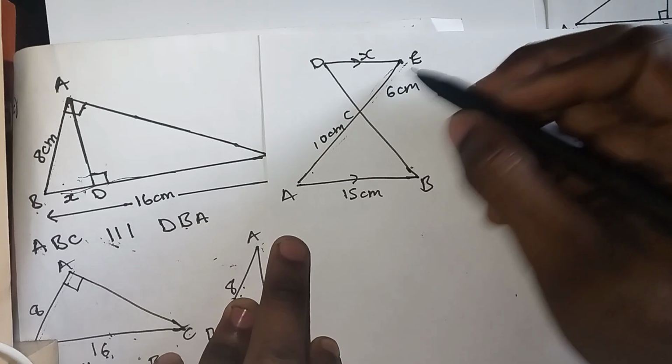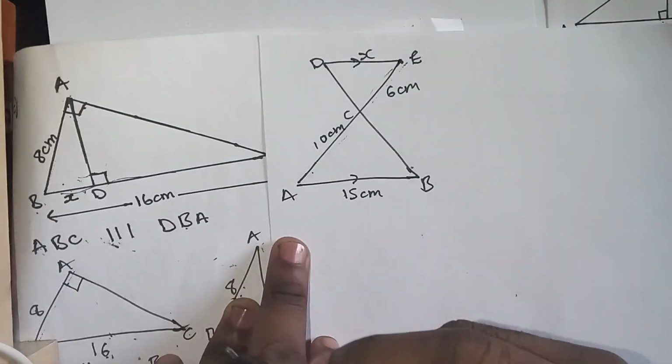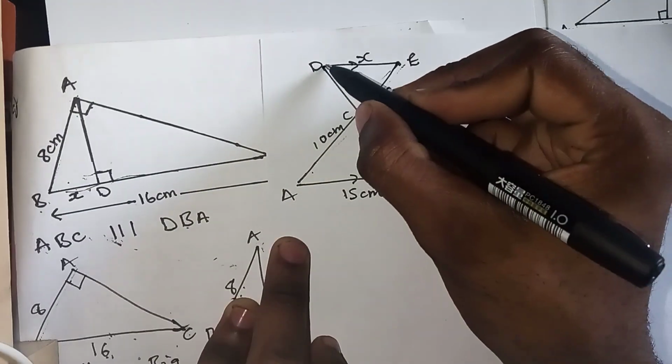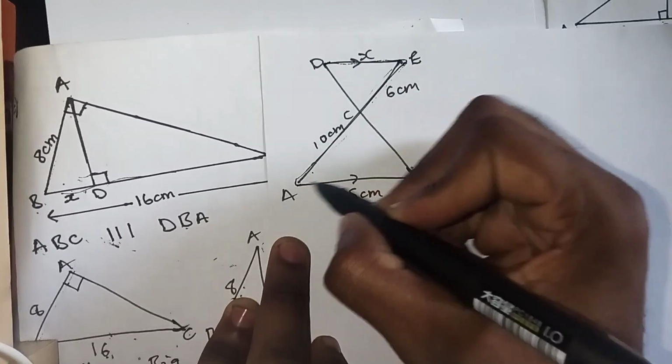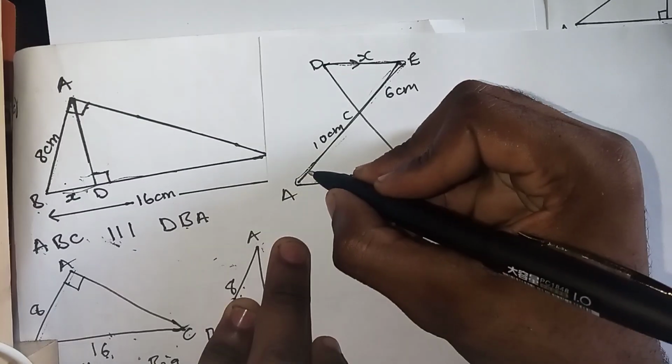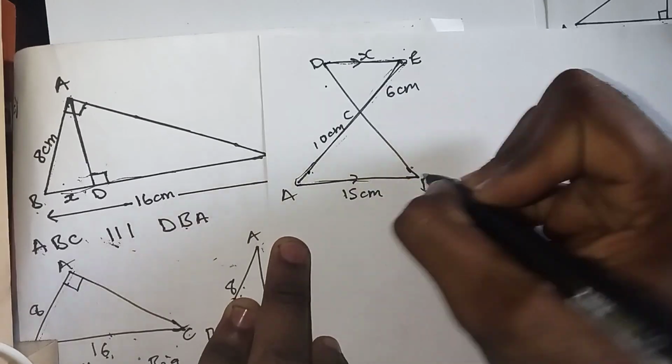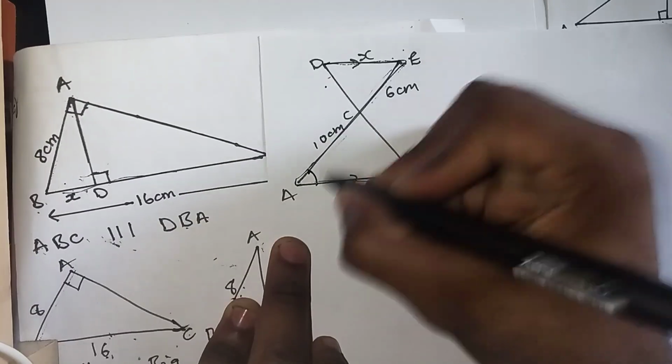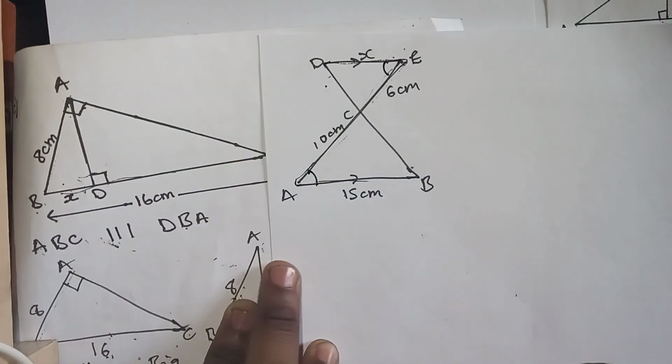So to identify the related sides, just bear in mind that this is a Z. As you can see, these two angles are similar. These two lines are parallel. So this angle is exactly the same as this.